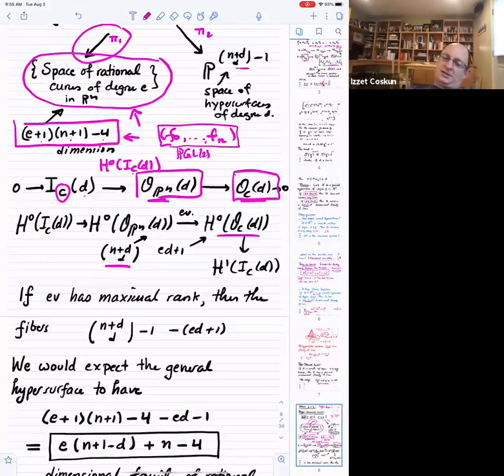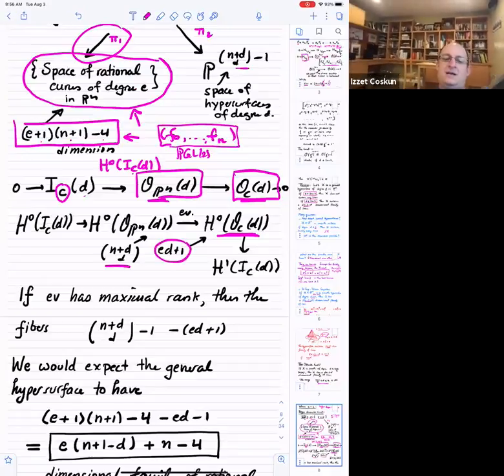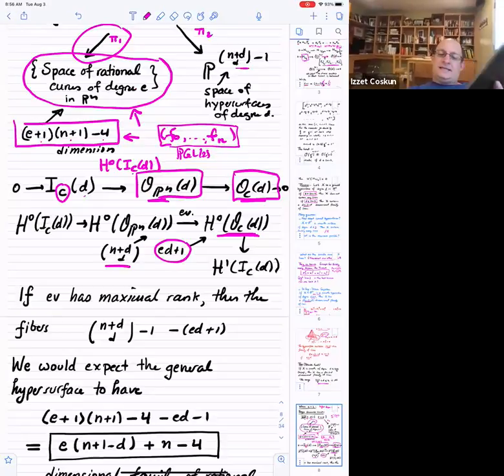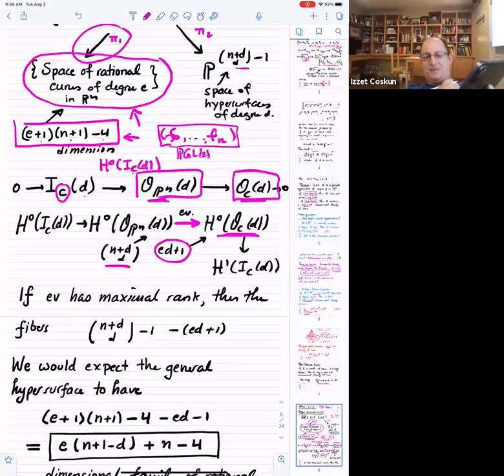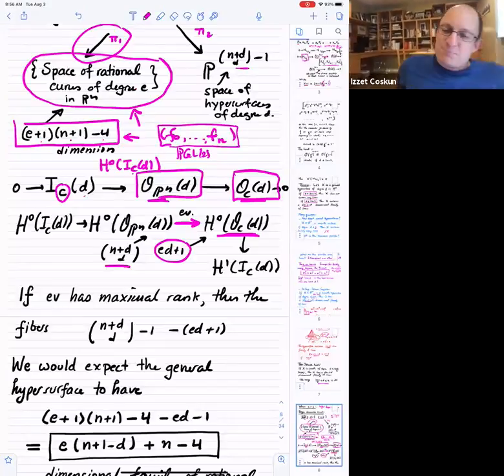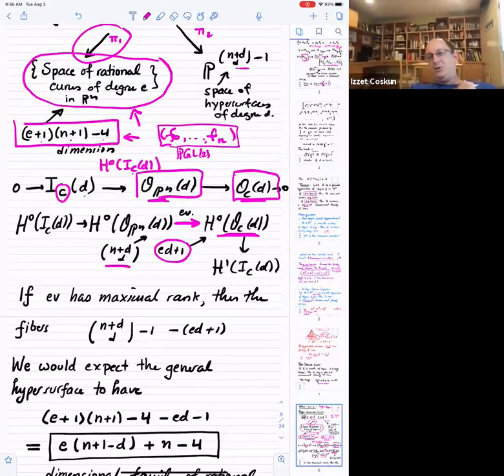And this one we understand as well: you are choosing polynomials of degree e times d on P1, so that has dimension ed+1. You see, the difference from the case of lines is that there we knew this map was surjective. But for a random rational curve, this map does not have to be surjective. But let's blindly ignore that point.